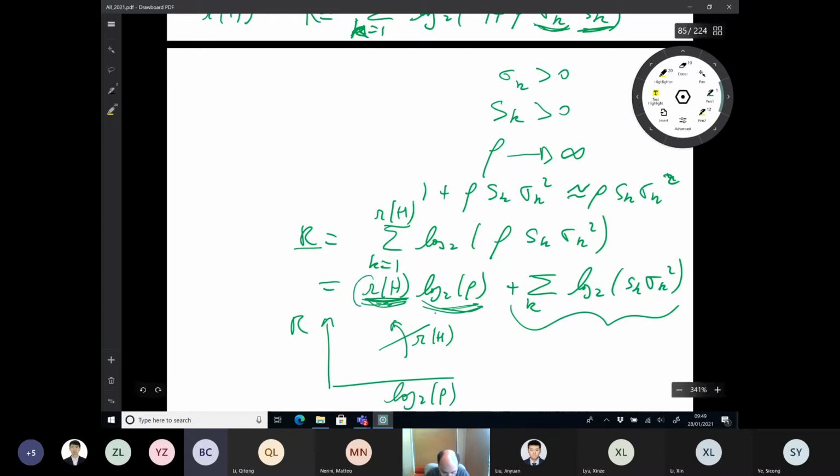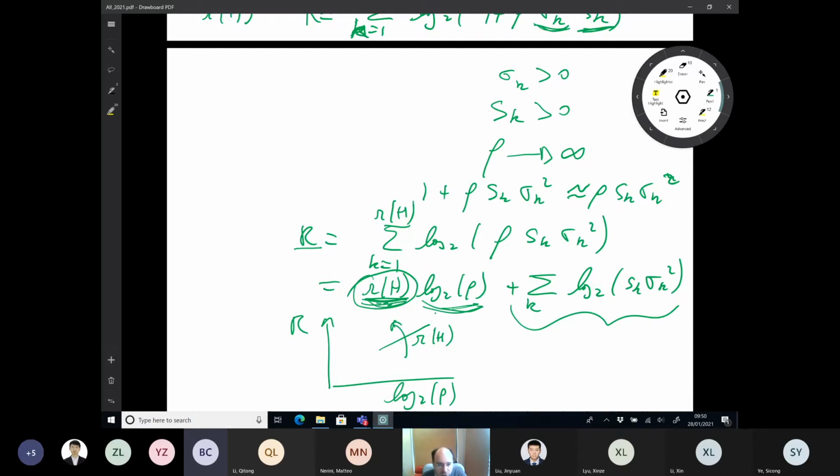So the rank here can be viewed as the slope of the rate versus the SNR at high SNR, right? This is why it's quite important to increase this rank, because at high SNR, if you increase your SNR by 3 dB, your rate will increase much faster if the rank of H is large, right? So this behavior, this slope, is what is called the multiplexing gain of MIMO.